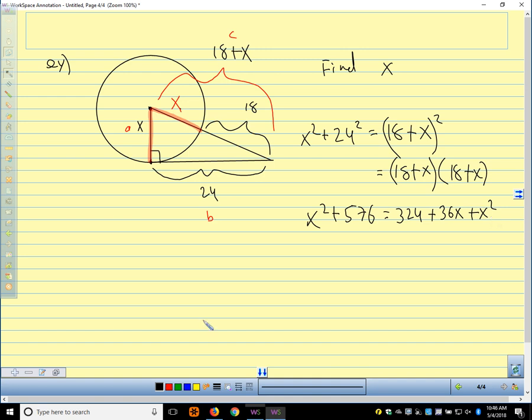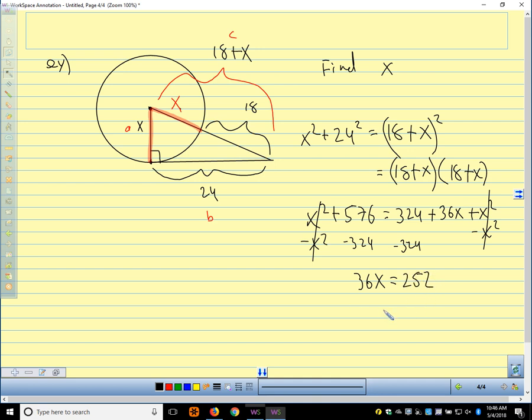Well, this is nice because I can subtract x squared from both sides, and those x squareds go away. It's nice when we can solve problems without having to do an x squared. And I can subtract 324 from both sides. And I get 36x equals 576 minus 324, which is 252.